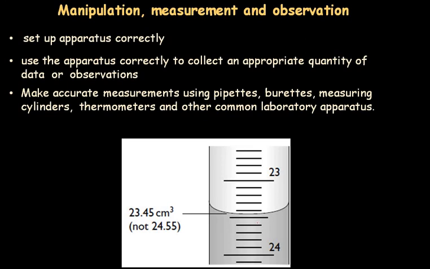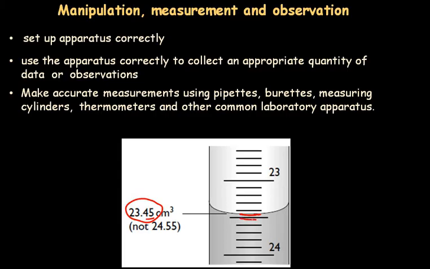For example, if this is the burette, then the lower meniscus has to be read. So the lower meniscus reads 23.45 centimeter cube. Now we should not mistake it by reading it as 24.55. This is 23.45 and we have written 45 because it is in between the two readings of 4 and 5.